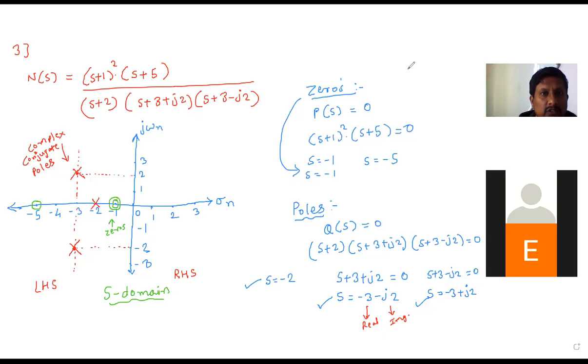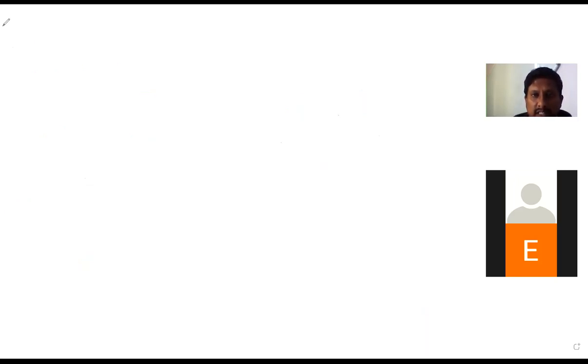That's why that point is removed from the NTA syllabus. Based on the polynomial of the network function, we can find the stability using the Routh-Hurwitz criteria, so that point is removed. But based on the pole zero plot also, we can determine the stability of the given system.